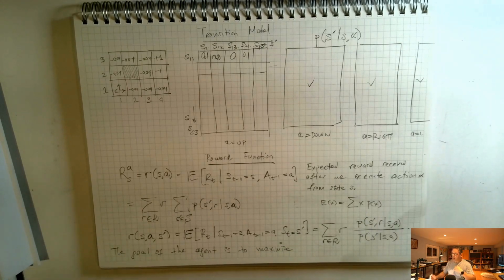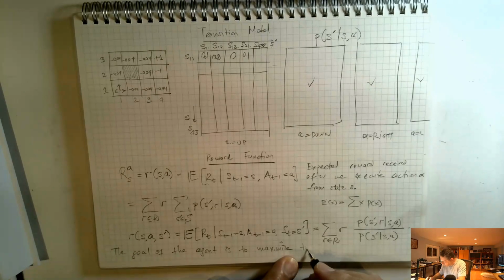This gives us also the pretext to write down some expression about this very specific goal. The goal of the agent is to maximize the expected total amount of reward it receives, period.